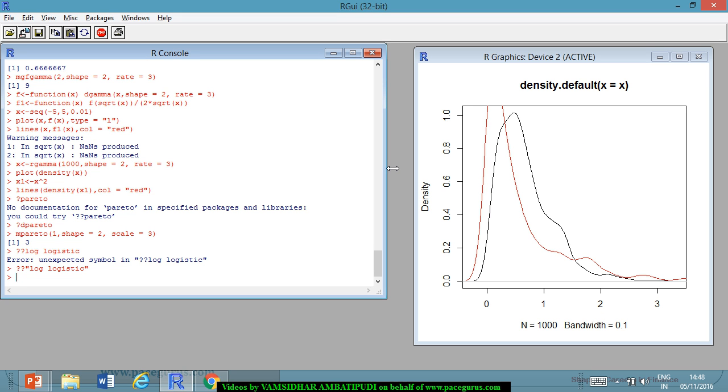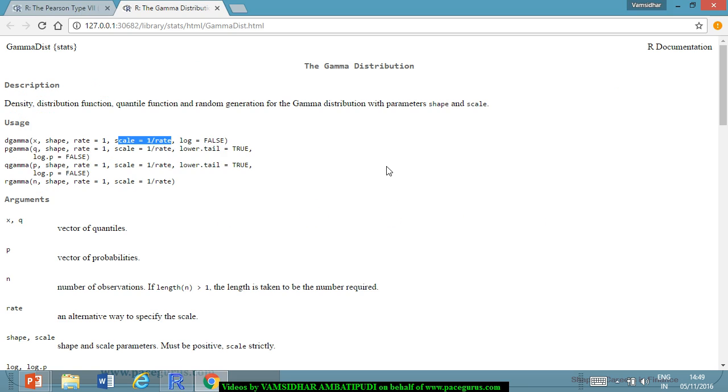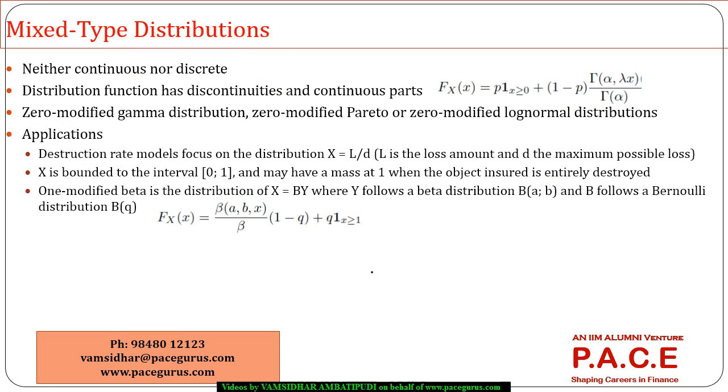I'll say for the same example, for the values of x which are 1 and above, the distribution function value is equal to 1, and for values below 1, so if I have this situation, for x greater than or equal to 1, f of x comes out to be 1, and for x less than 1, let's say it follows a beta distribution.